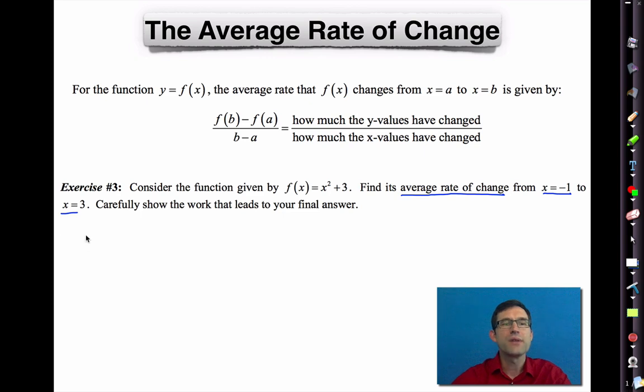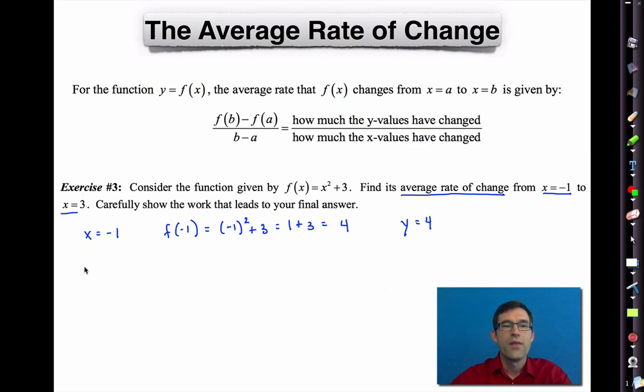All right, so let's really lay this out. We start with x equals -1, and let's figure out what y value we start at. If I plug -1 into my function to figure out my y value, remember the output is the y value, -1 times -1 is +1, so we start at a y value of 4.